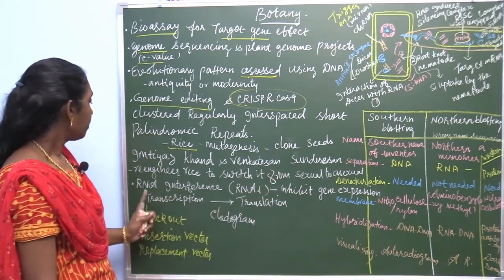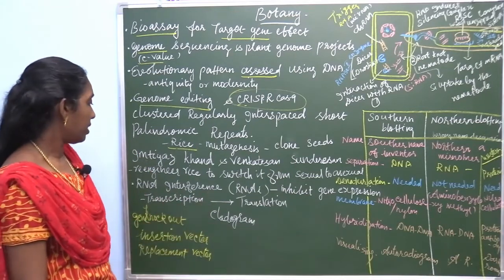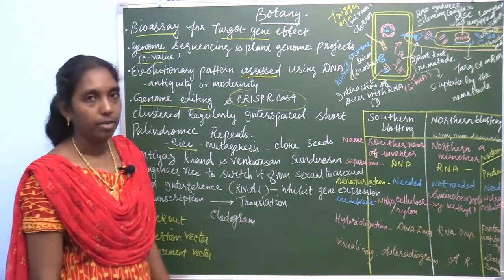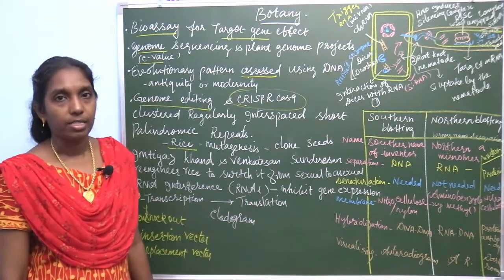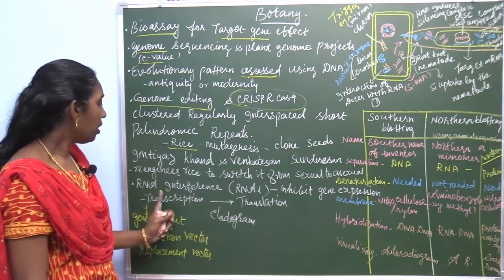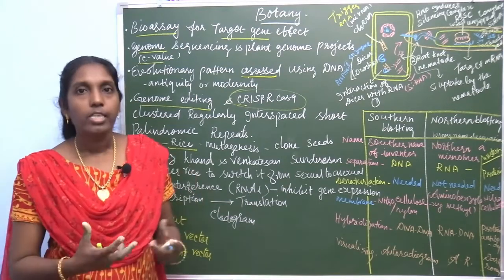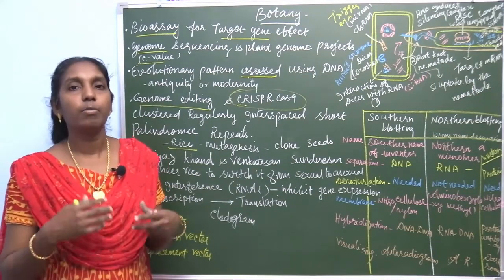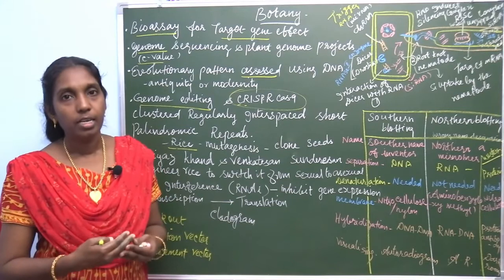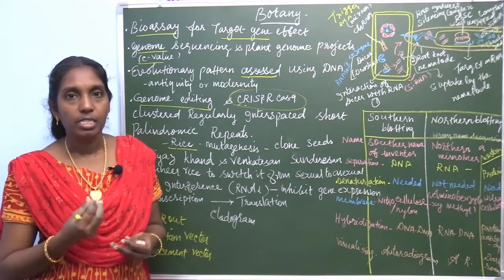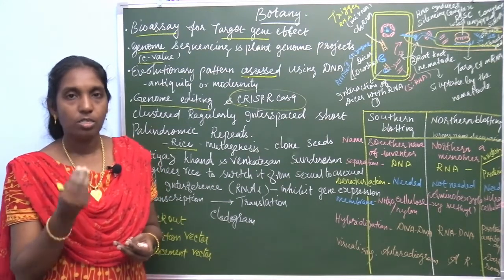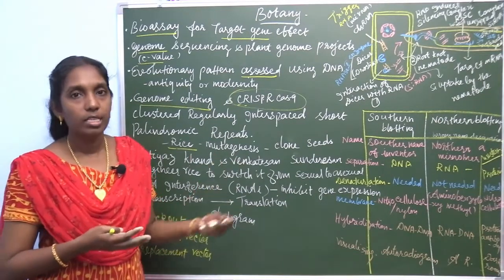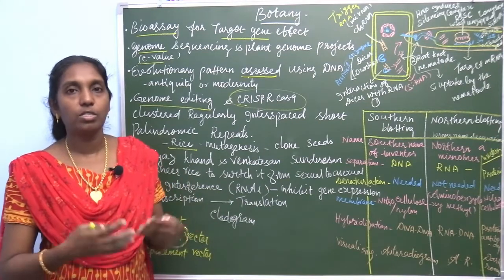The next question: RNA interference, or RNAi. As you know, the characters are expressed by means of genes. The genes express all the traits, all the characters and features of living organisms.